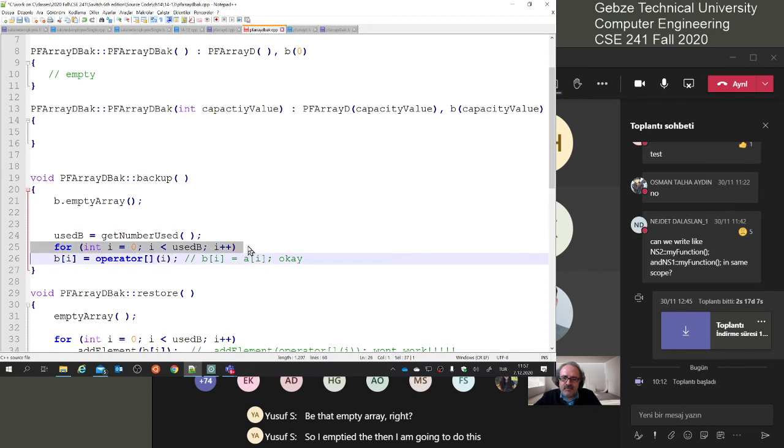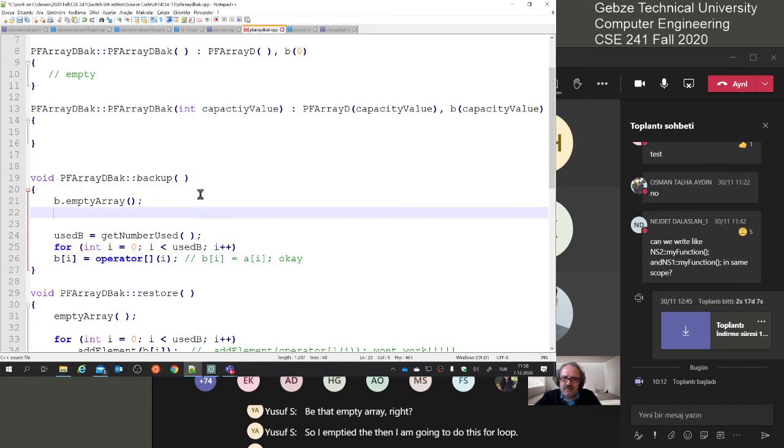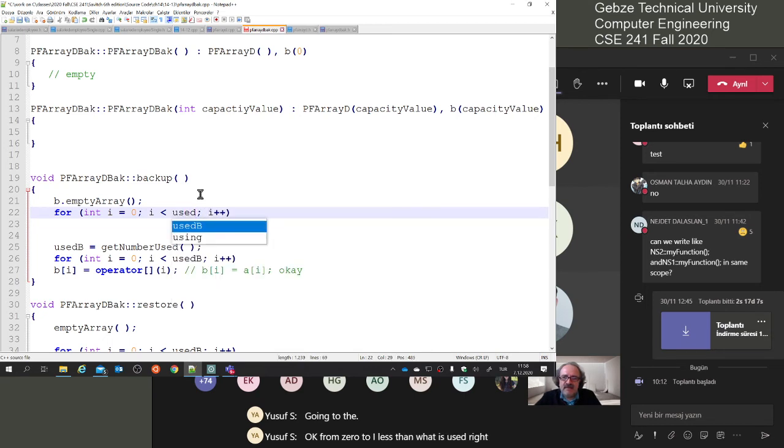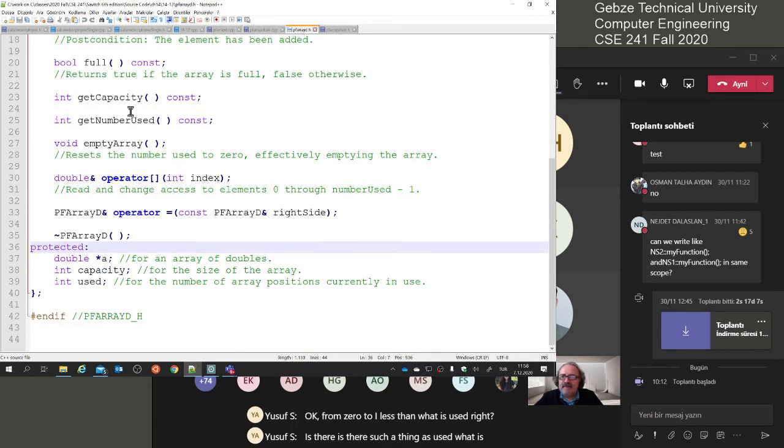Then I am going to do this. A for loop is going to do, from 0 to i less than what is used, right? Is there such a thing as used? What is my get number used?